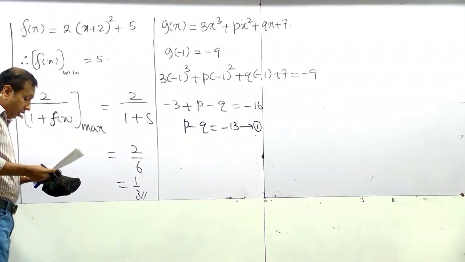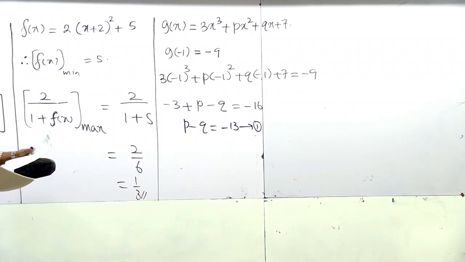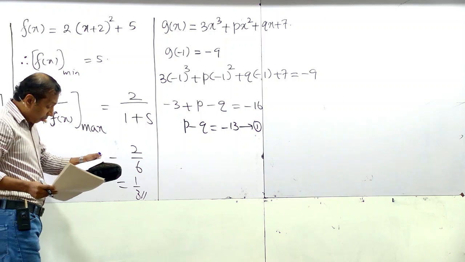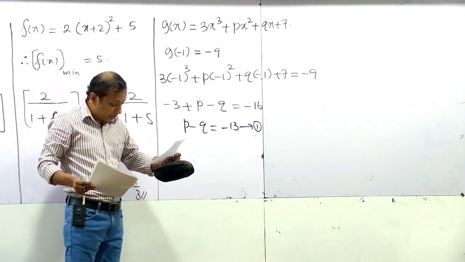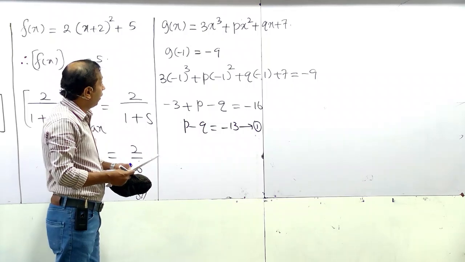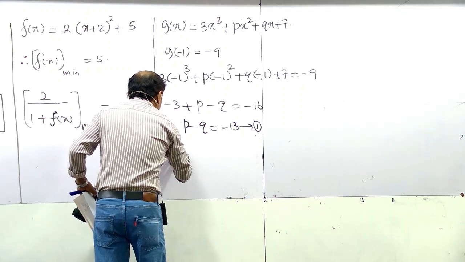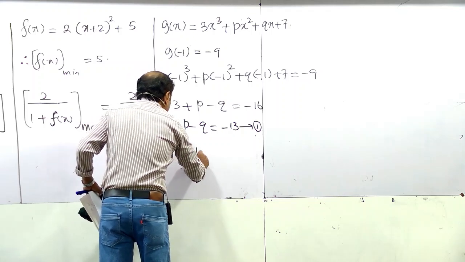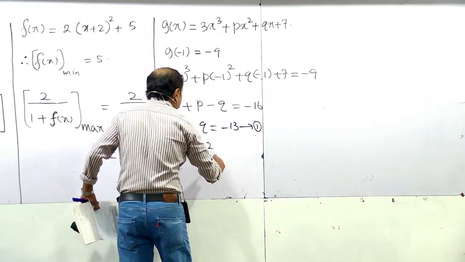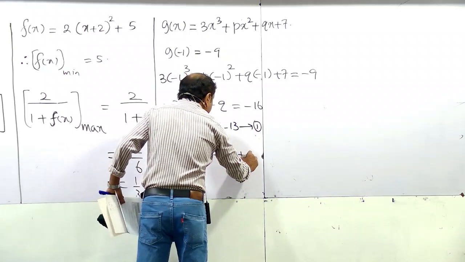Okay. Next one given this way. When g(x) is divided by x squared minus 3x plus 2, the remainder is 2x plus r. Right. Okay. When g(x) is divided by x squared minus 3x plus 2, the remainder is 2x plus r. Now, we can write by algorithm of division this way, no? 3x cube plus px squared plus qx plus 7 is our g(x).